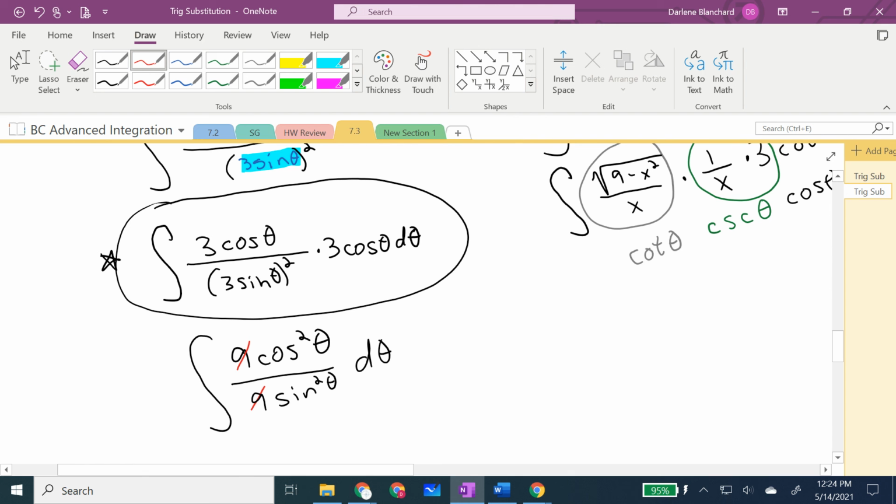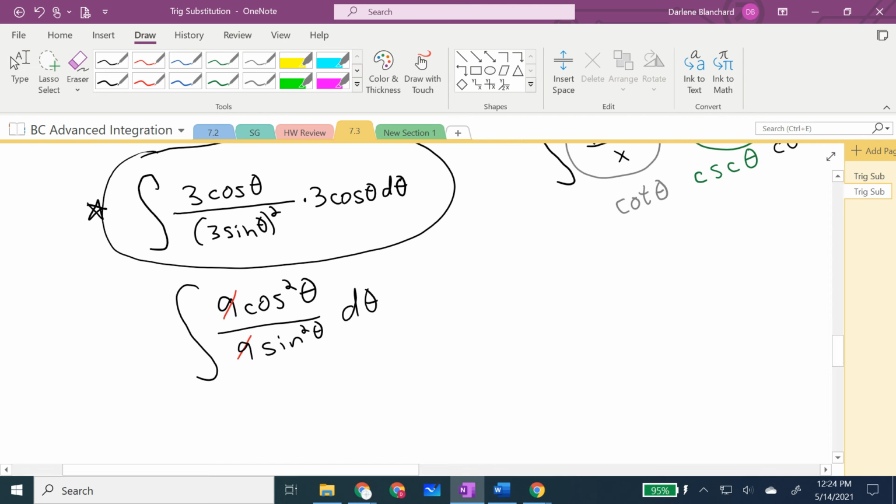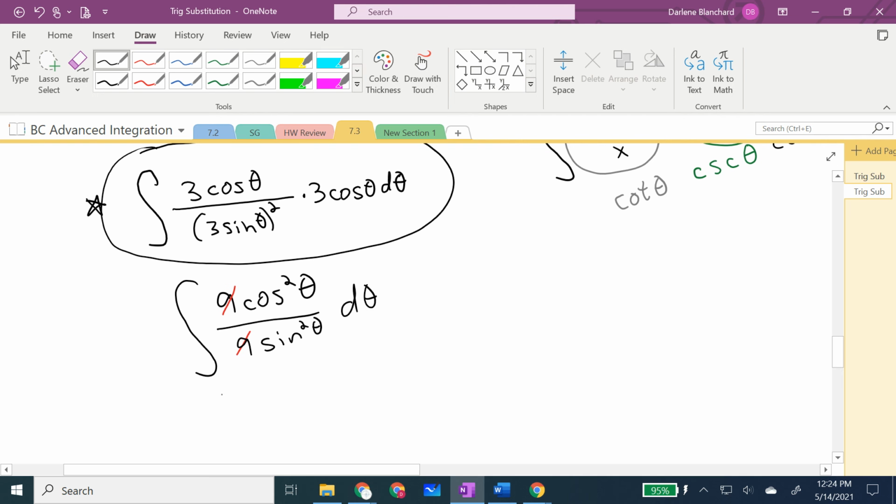I can't say that that's necessarily a format you wanted. So how else could I write it? I could recognize that that's the same thing as cotangent squared.